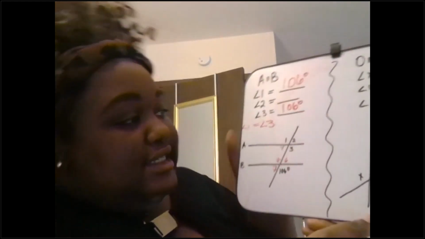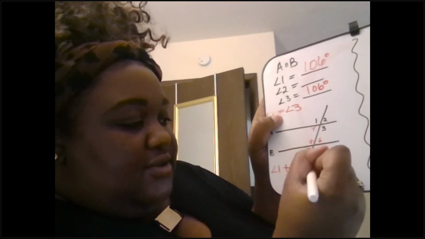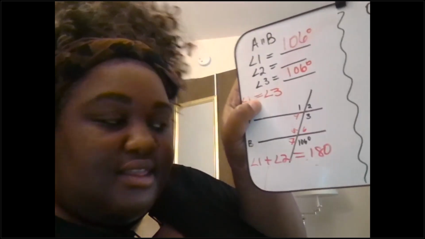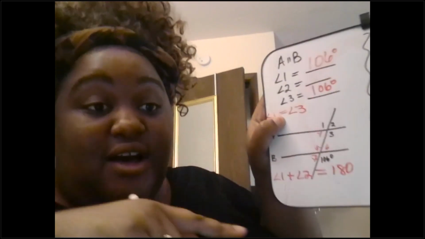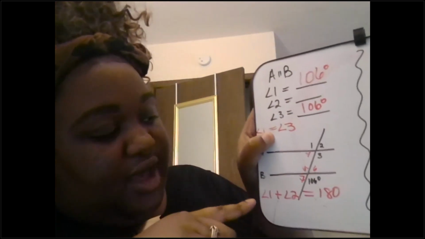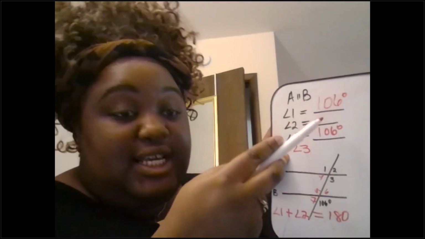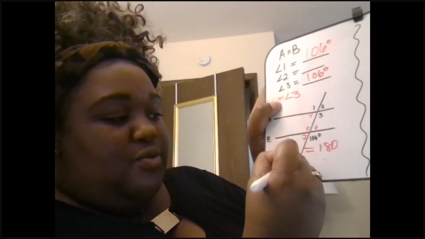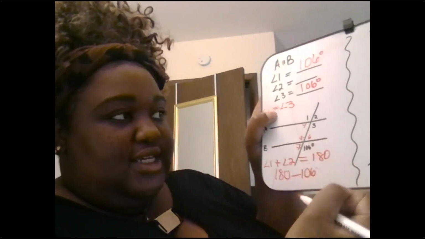Sorry, I'm trying to make this as clear and also right. Angle 1 plus angle 2 gives me 180. I already know what angle 1 is. Remember in our steps on how to solve the relationships, I would subtract the angle that they gave me, which in this case we figured out is 106, from that larger angle, which is 180. So I would do 180 minus 106.